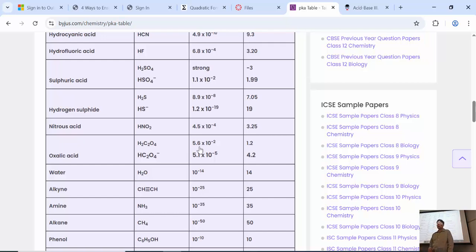Because there's another thing that we worry about when we make buffers. The other thing we worry about is buffer capacity. The buffer capacity is how much acid, how much base is actually contained in your solution. Because remember, dilution shouldn't impact your pH up to a certain point. So let's say you buy some buffer and you dilute it, it's the same pH. So when you buy buffers, the cost is going to depend on how dilute it is.